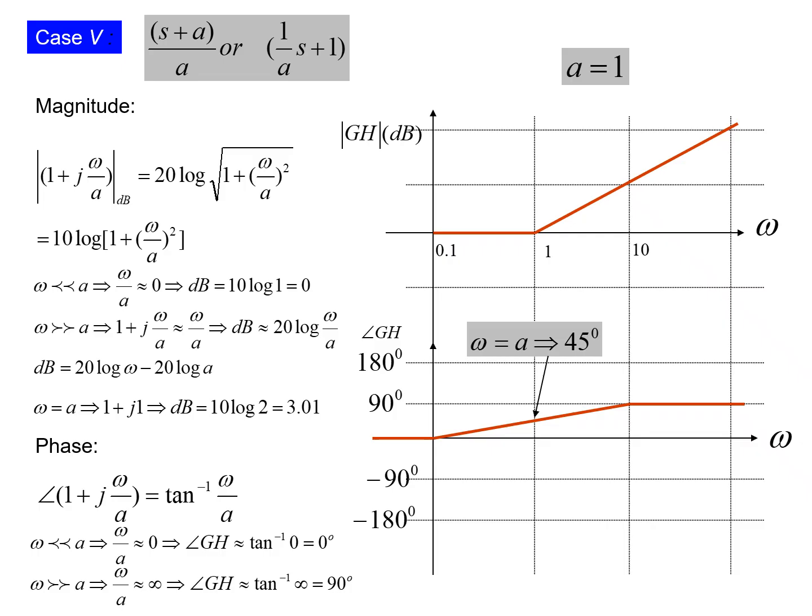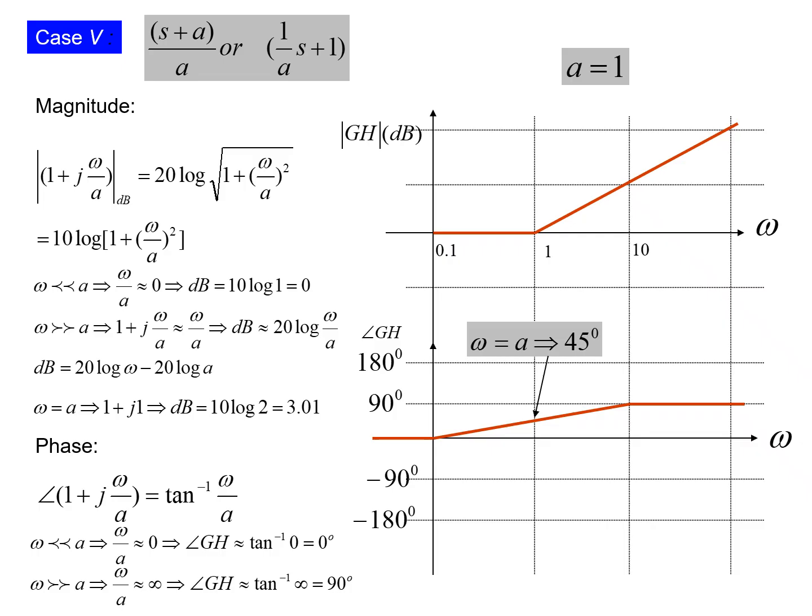Okay, and then for the phase angle of 1 plus j omega per a, it is equal to tangent inverse omega per a. And then for omega less than a, omega per a approximately 0, and then the angle is tangent inverse 0, it is at 0 degree.